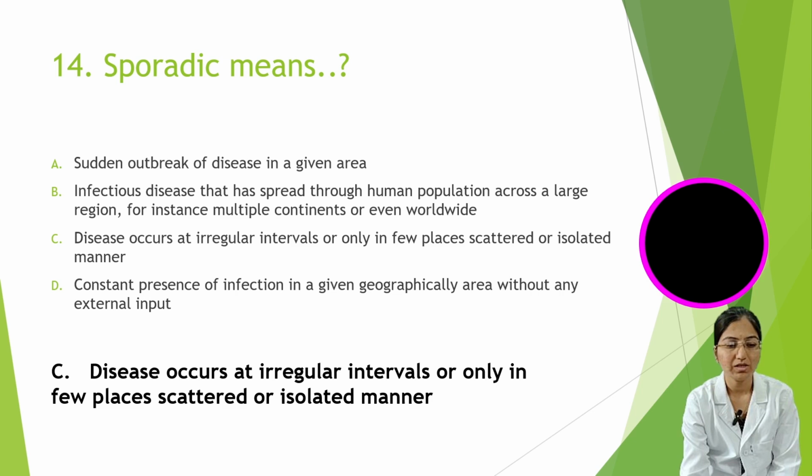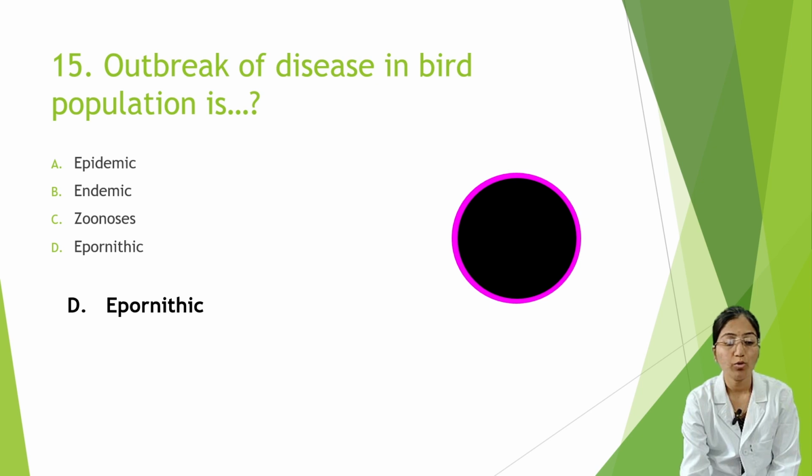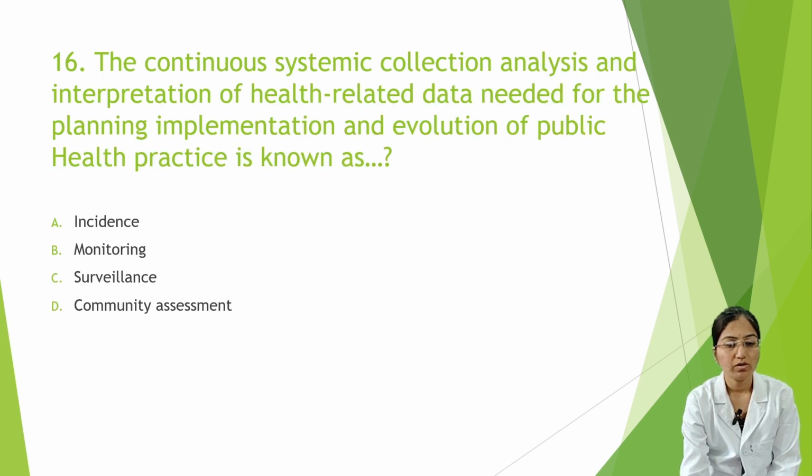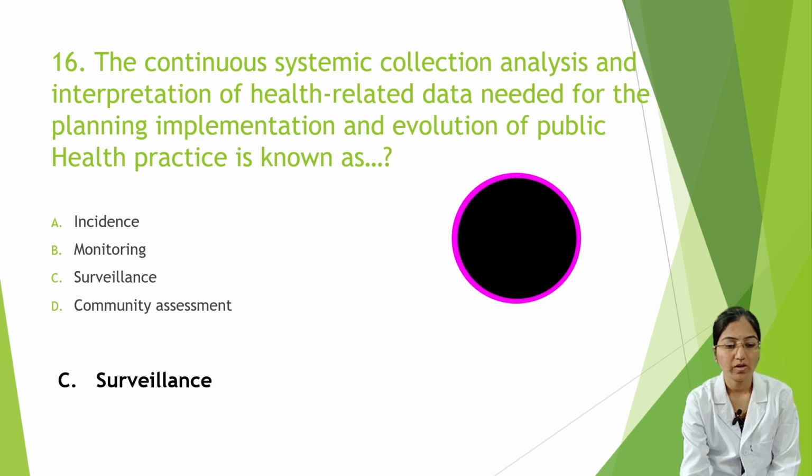Next question. Sporadic means right option is C, that is disease occurs at irregular intervals or only in few places, scattered or isolated manner. Next question. Outbreak of disease in bird population is epidemic. Next question. The continuous systemic collection, analysis and interpretation of health related data needed for the planning, implementation and evaluation of public health practice is known as surveillance.